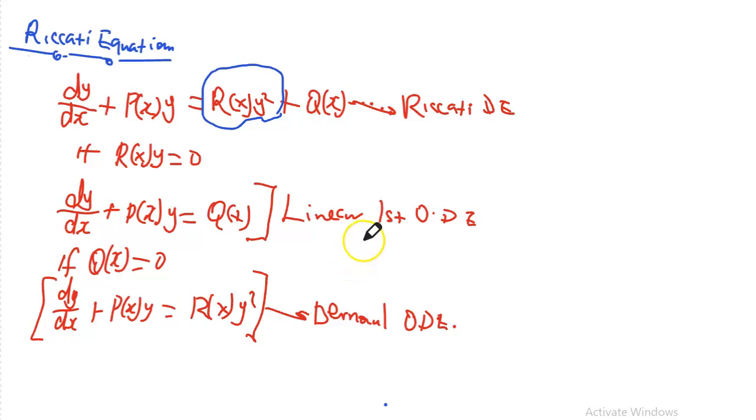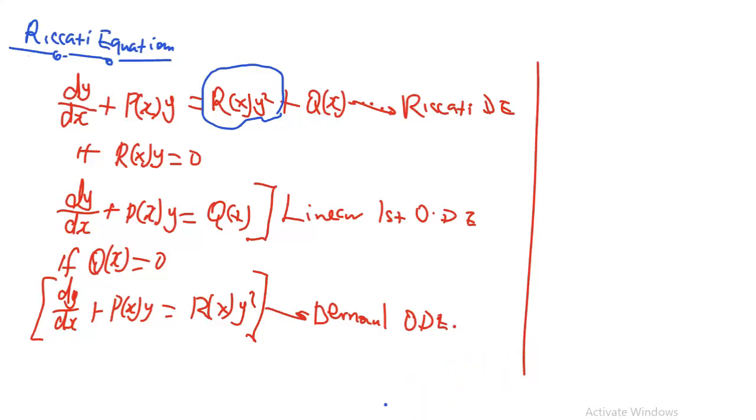Once we have done that, we are able to find the general solution of the Riccati equation. Usually when you are given a Riccati equation, you will be given some initial condition.